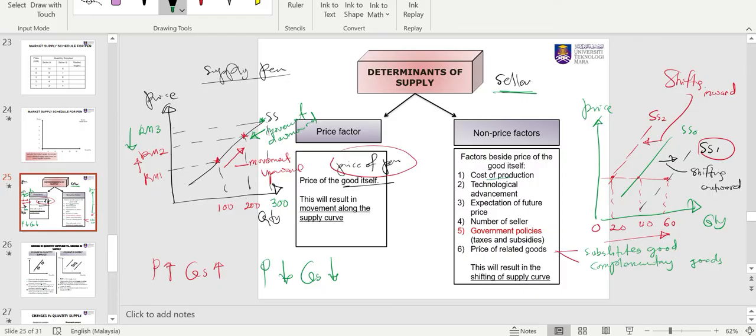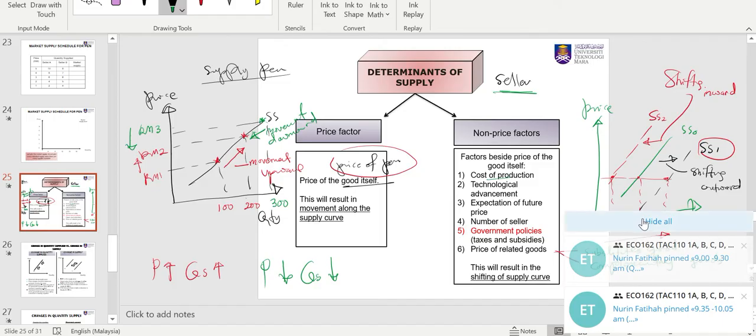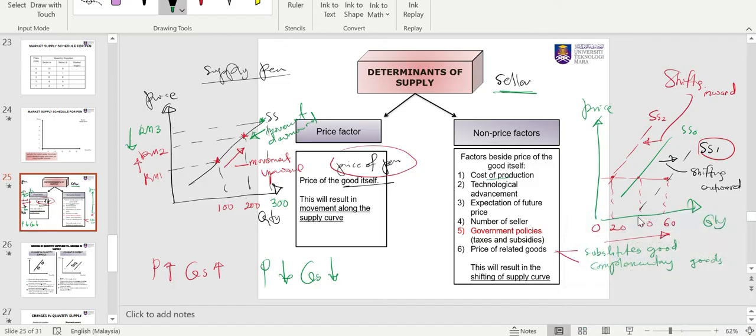Okay, so for example, as a peniaga goreng pisang, I will use kuali, any types of capital goods lah, dapur untuk menghasilkan goreng pisang. All of a sudden, there is a new technology to produce goreng pisang, which is ada dapur yang boleh menggoreng dalam masa yang singkat.